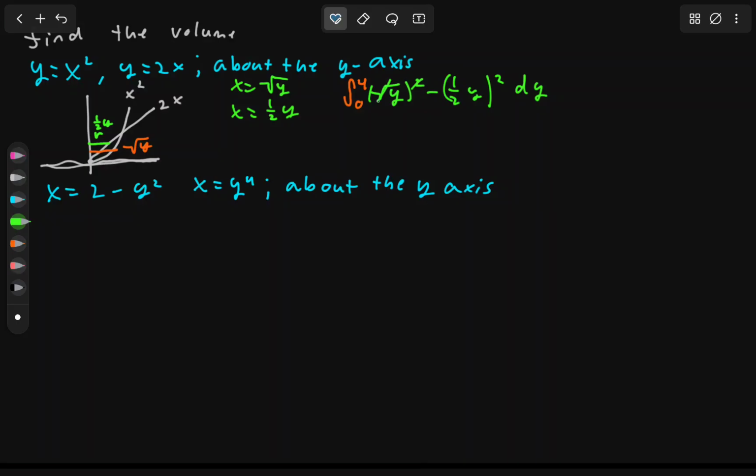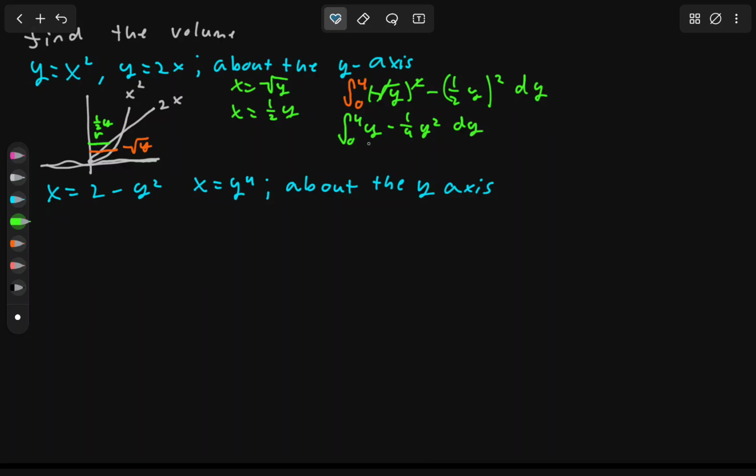Well, the square and the square root will cancel, and then this will distribute, so we're going to get really the integral from 0 to 4 of y minus 1/4 of y squared dy.